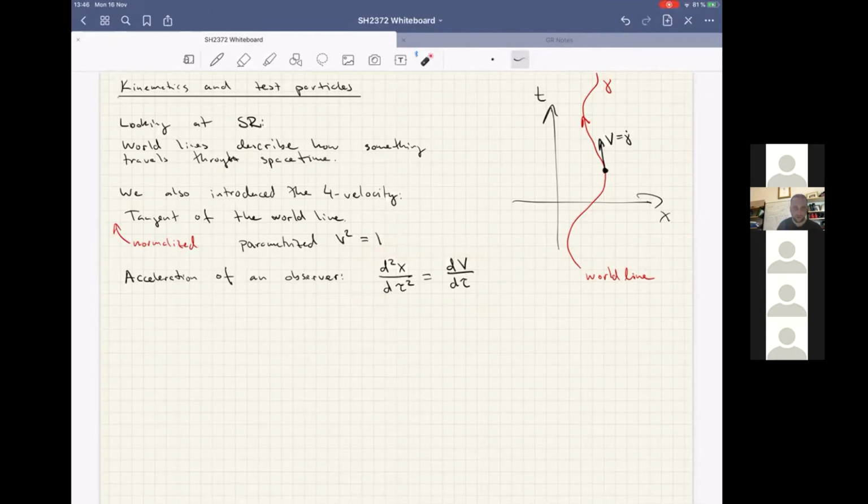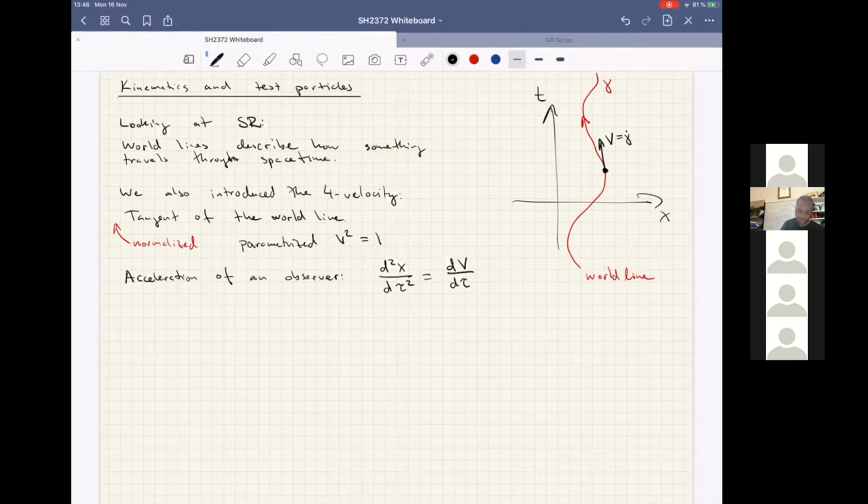Again, for the same reasons we discussed previously, vectors are in different points. I would be comparing, for example, the 4 velocity in this point with the 4 velocity in a point that is slightly offset. That's fine as long as we remain in Minkowski space. But as soon as we come to this curved space-time, we can no longer use this definition. So the way to do it instead is to use the Levi-Civita connection that we have.